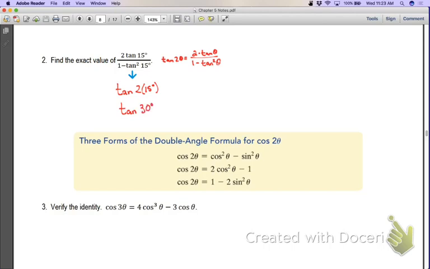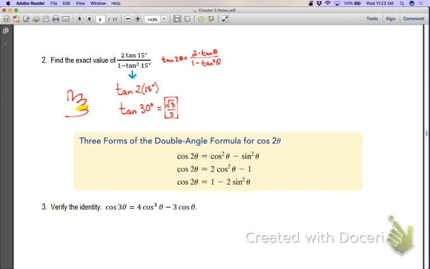So again, we're going to give you values that are easy to use. Tangent of 30 degrees will just give you a value of square root of 3 over 3. Now, how do we know that it's square root of 3 over 3? If we use the trick with our hand, 30 degrees is right here.